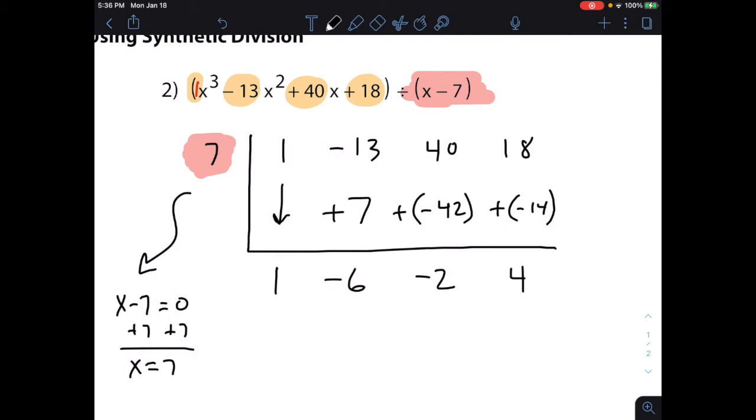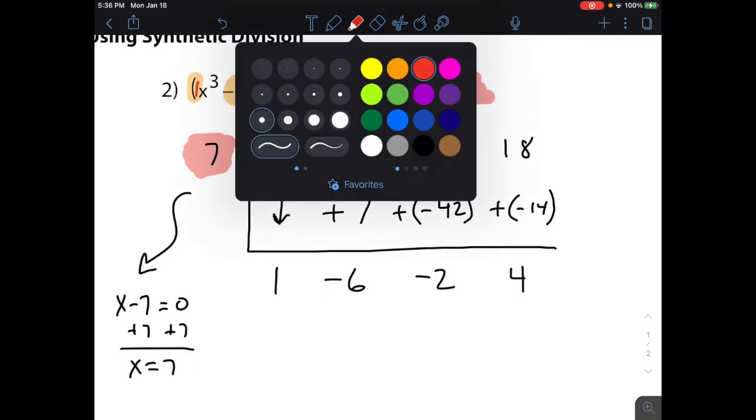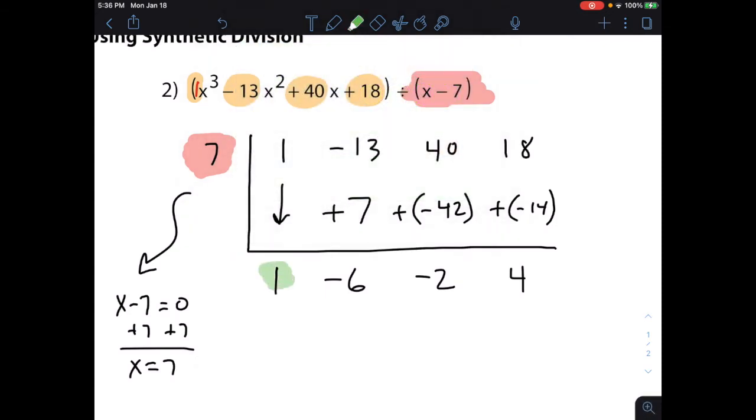Now these numbers have some meaning. The first column, this 1 right here, is the coefficient on an x term of some sort. The way we find which x term it is the coefficient on is we look at the fact that we have an x to the third power in the polynomial we're dividing, and we have an x in the binomial we're dividing by.